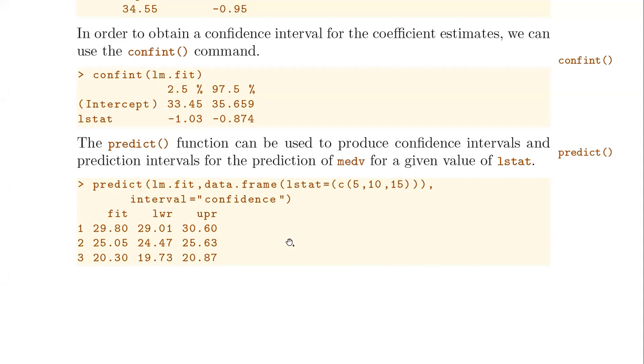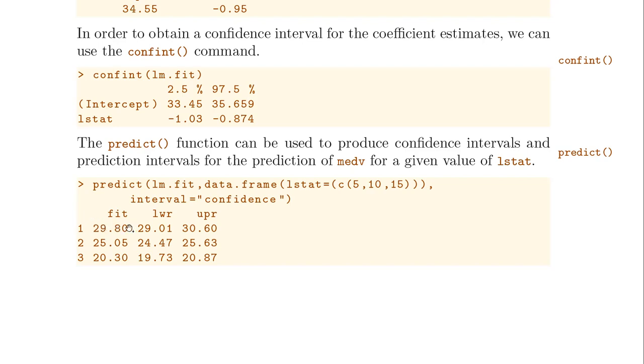The predict function, and this is really interesting, can be used to produce confidence intervals and prediction intervals for the prediction of the median house value for a given value of lstat. So what we're asking is, if lstat is 5, or 10, or 15, what does the model predict in terms of the median value?